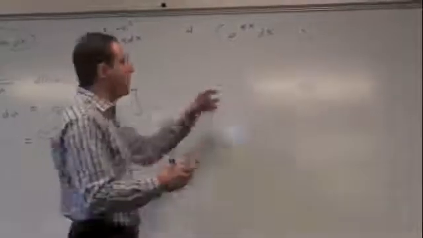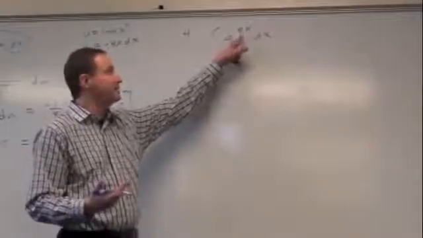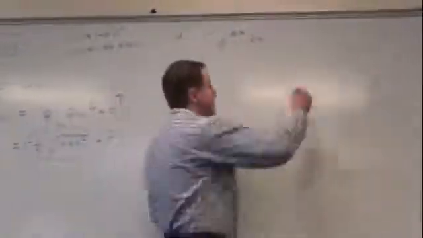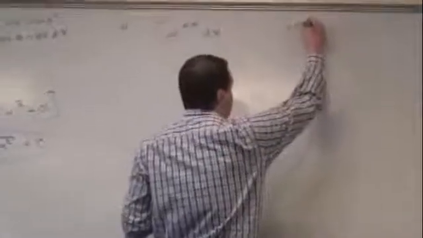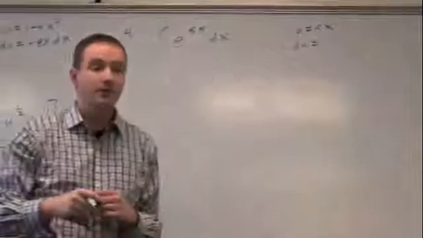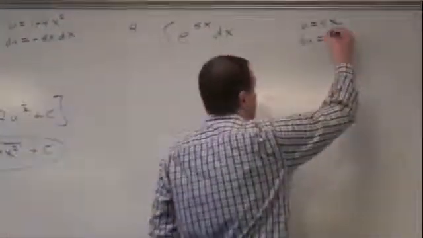All I want to do is show, even on this easy problem, substitution still works. You'd say, what's inside the function? Well, the function is e to the x, but instead of e to the x, you have e to the 5x. So what's inside the function is the 5x. The derivative of that, du, is going to be 5 dx.